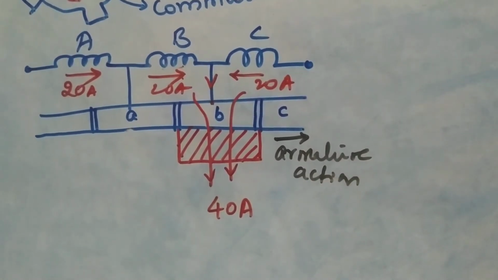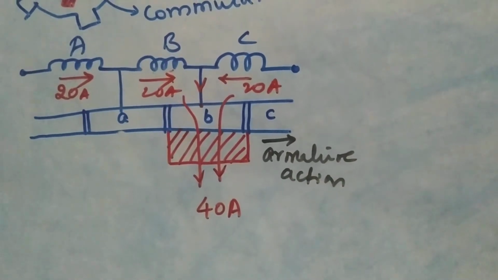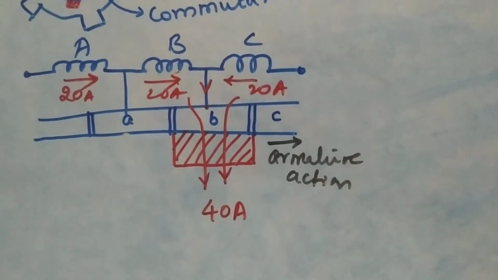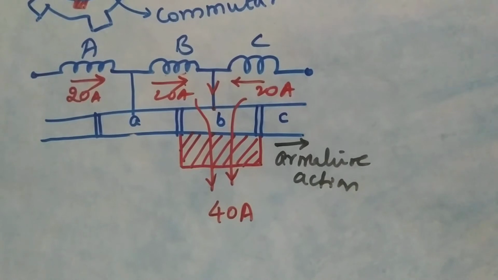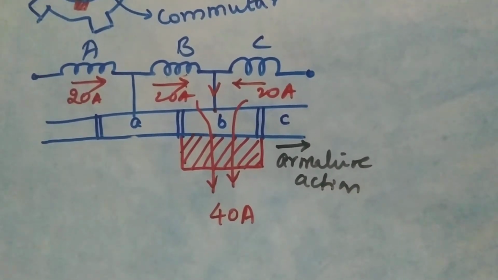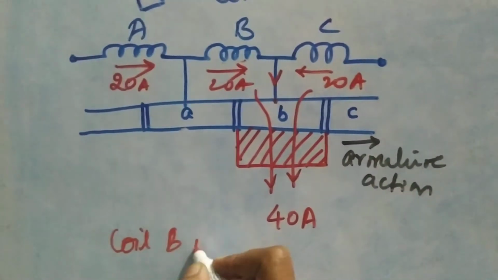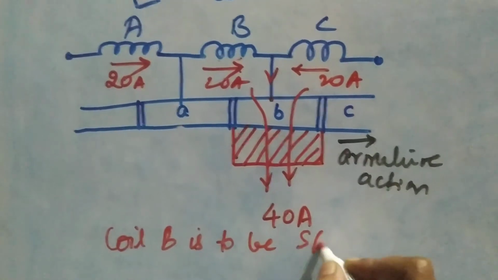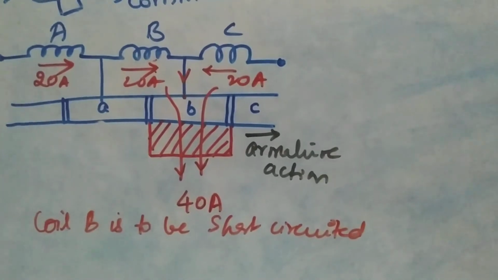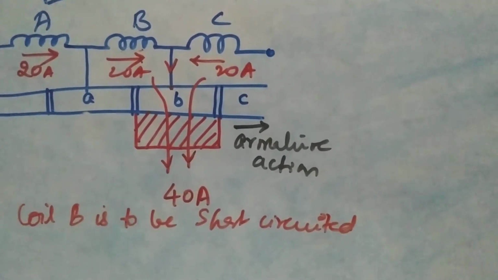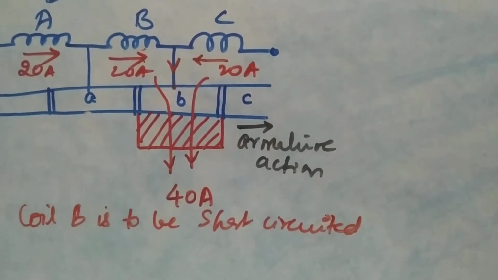Now let us see what will happen when coil B is entering the short circuit period, and what will be the change in the current in coil B.